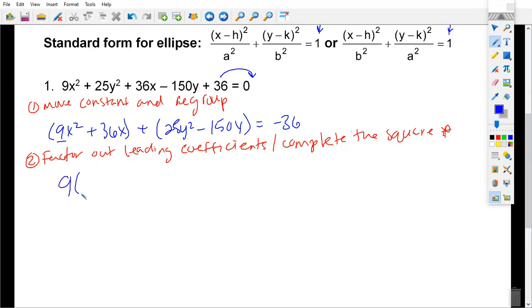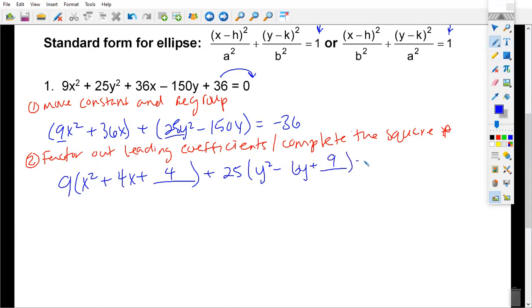So when we factor out 9, we're left with x squared plus 4x plus, and how do we complete the square here? 4 plus, we're going to factor our leading coefficient. Our leading coefficient is 25. And we're going to be left with y squared minus 6y. My bad, I jumped ahead. Plus, and then what completes the square here? 9 equals, and we already have negative 36.